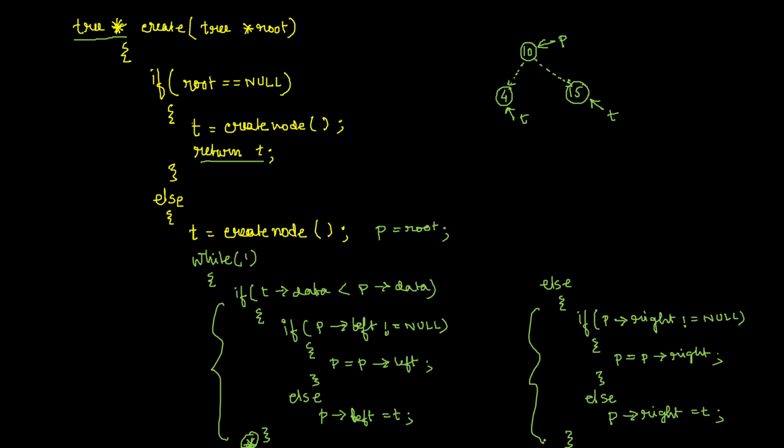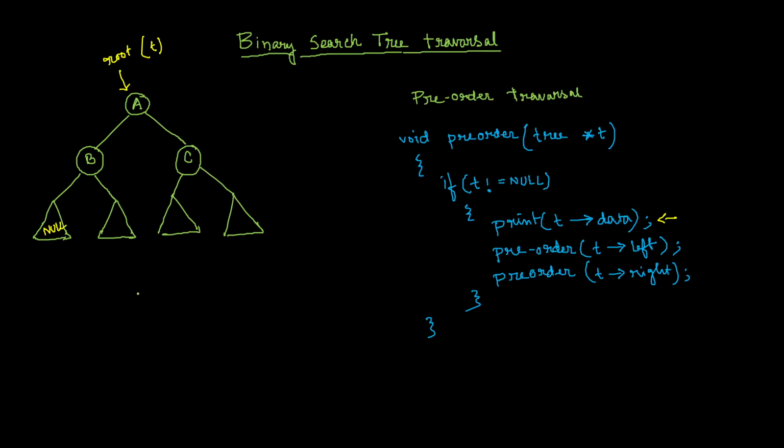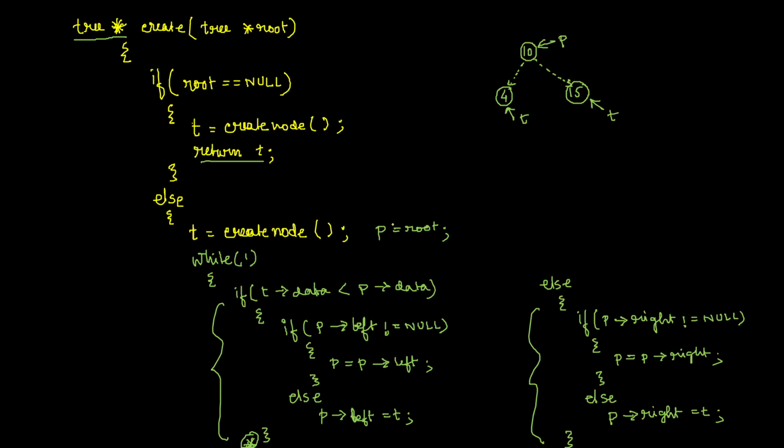Now see, the example that we have just taken is only for two levels, but with respect to this situation, 4 is present here. What will happen? 4 will be checked with 10, and we will see that T data is less than P data, so you will come in this condition, P left is not null.